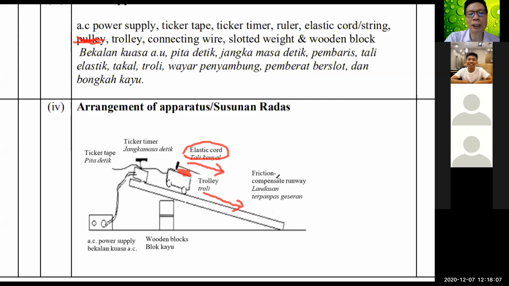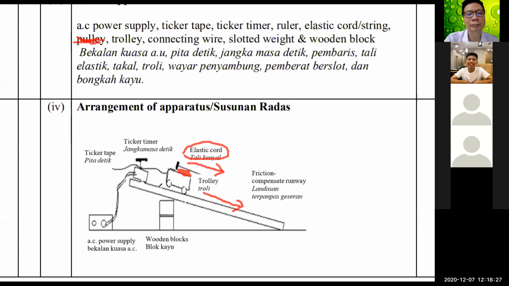This one is the friction compensated runway. Compensated means you put a certain slope, so the trolley can move down freely, like no more friction, so we call it a friction compensated runway.